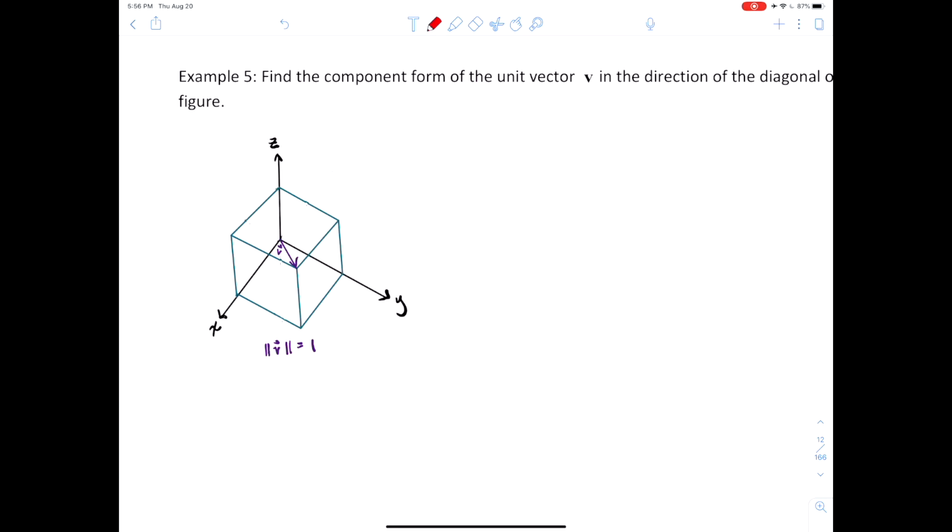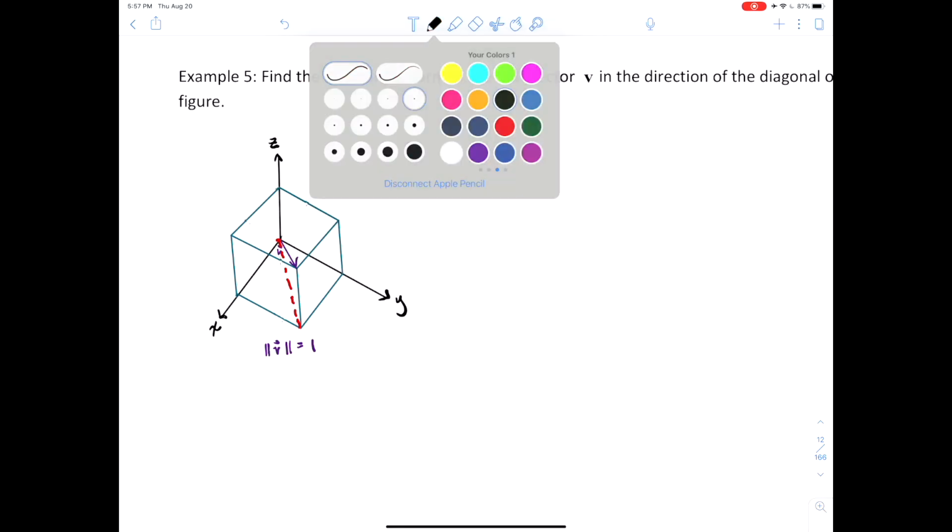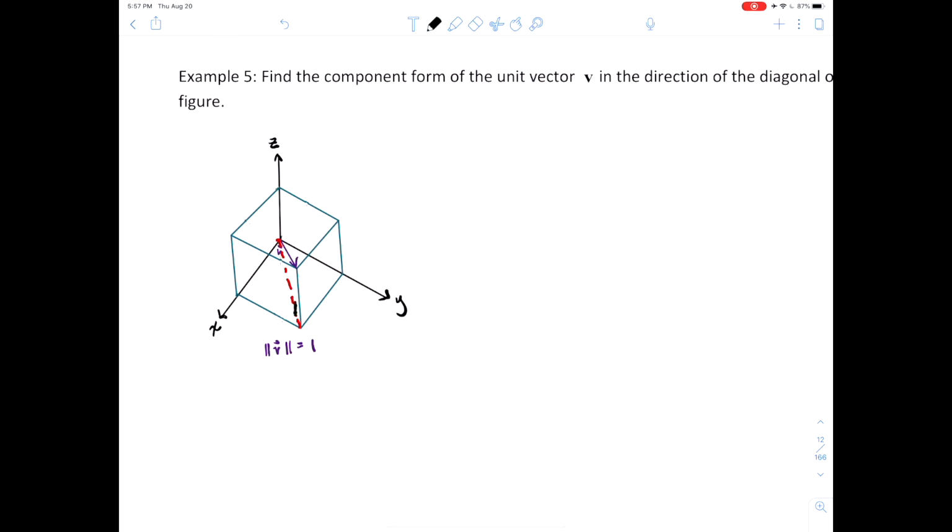If we took a look at this diagonal, this is going to form a right angle right here, okay?